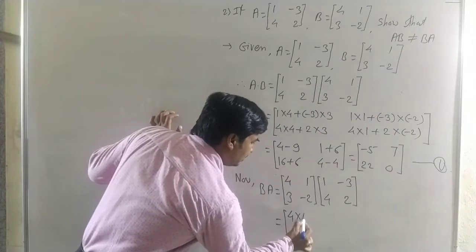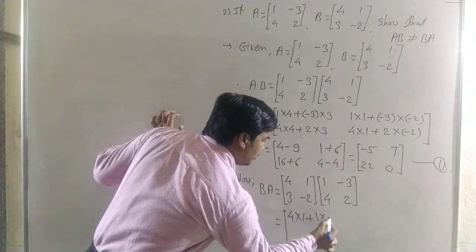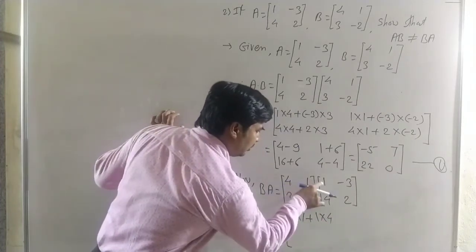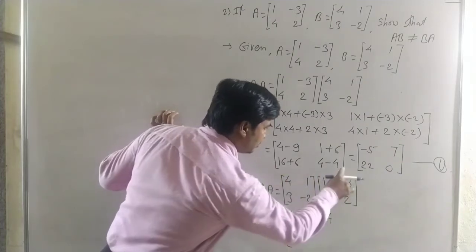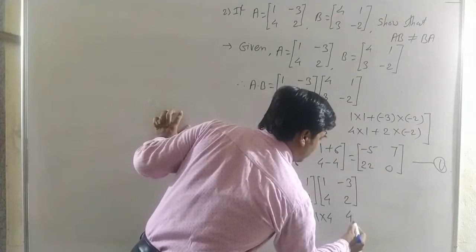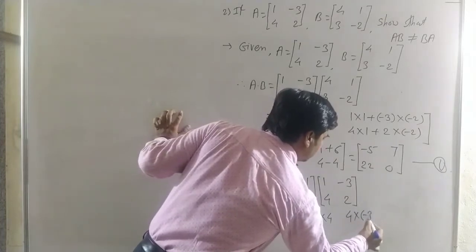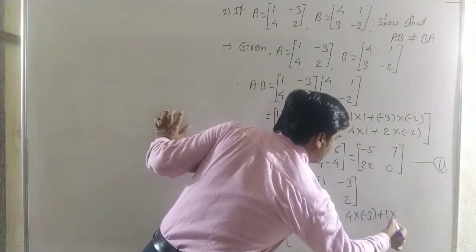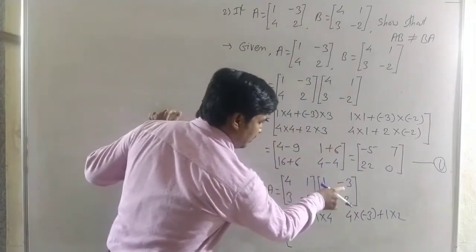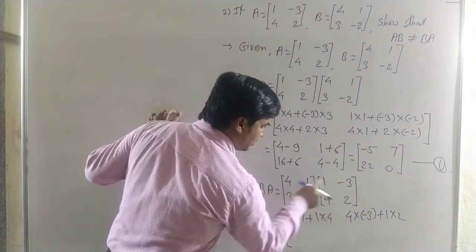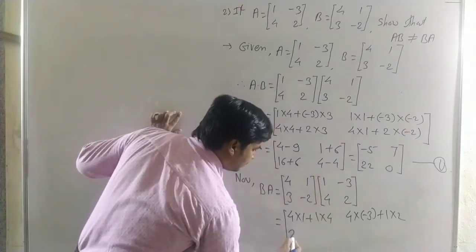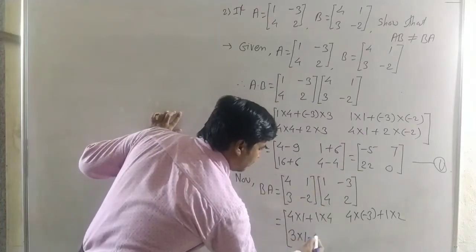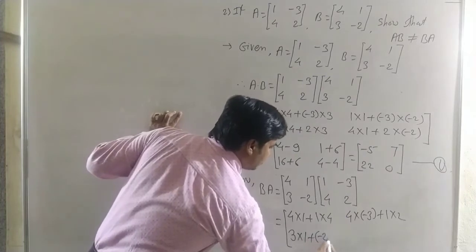First row, first column: 4 into 1 plus 1 into 4. First row, second column: 4 into minus 3 plus 1 into 2. Now second row, first column: 3 into 1 plus minus 2 into 4.